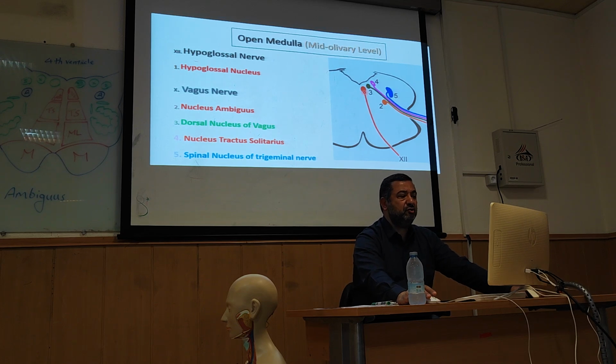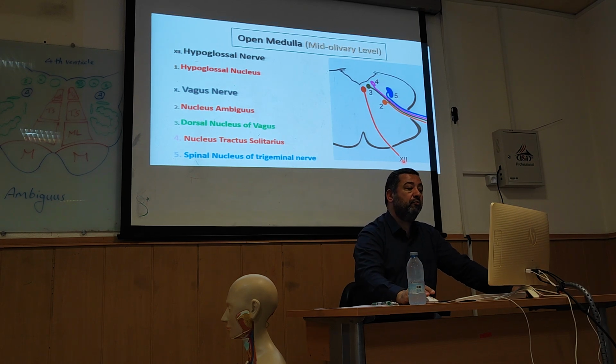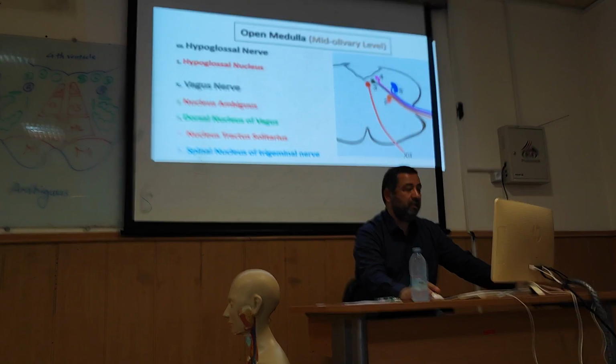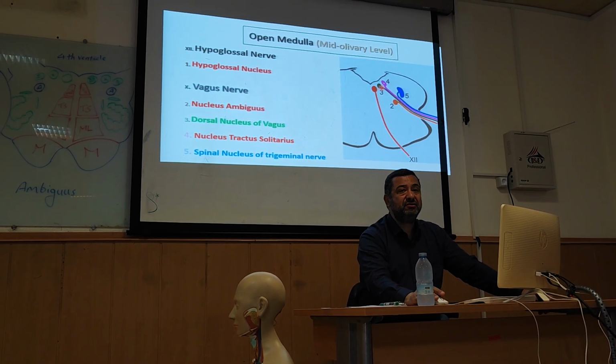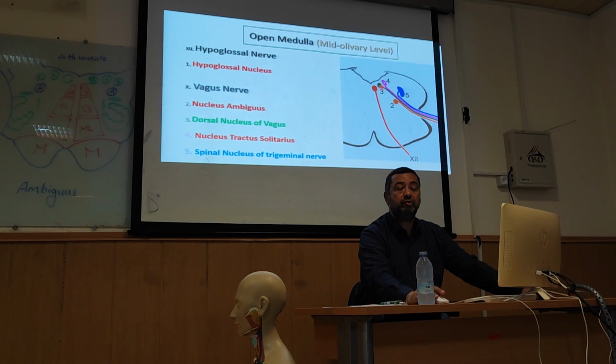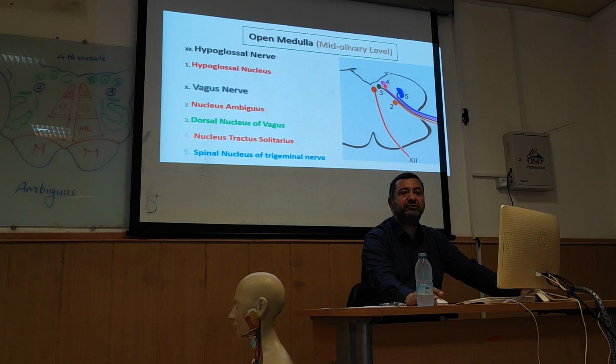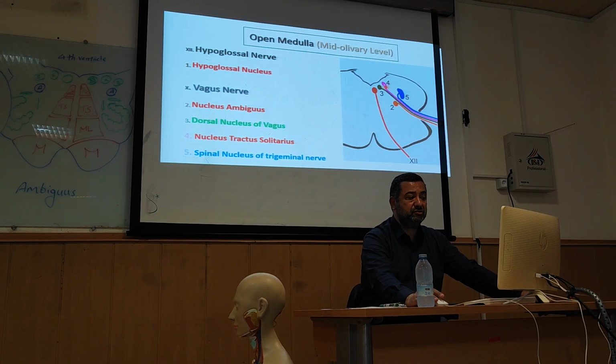This is hypoglossal nucleus, and this nerve is hypoglossal nerve. Hypoglossal nerve has 1 nucleus, just the motor nucleus. But vagus has 4 nuclei. Motor nucleus of the vagus is ambiguus. Efferent parasympathetic nucleus is the dorsal nucleus of the vagus. Special sense for tasting is solitarius.